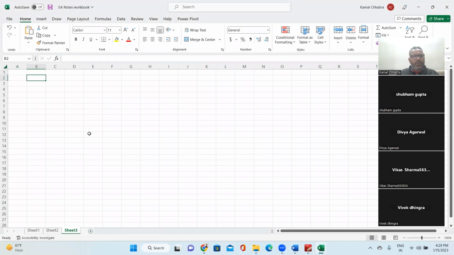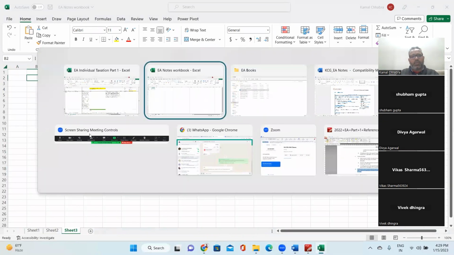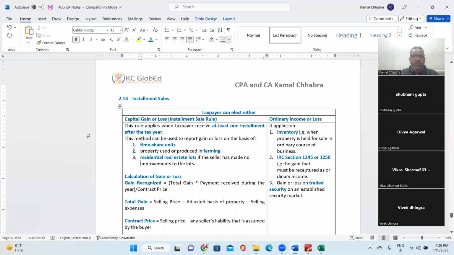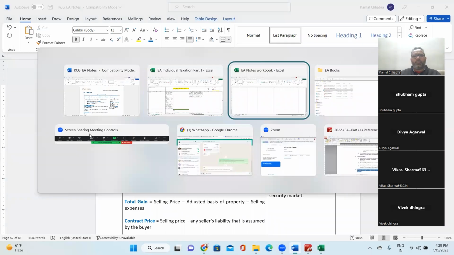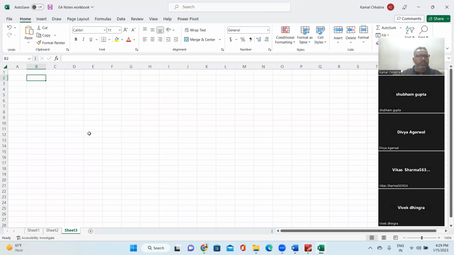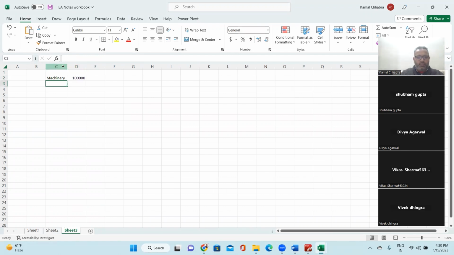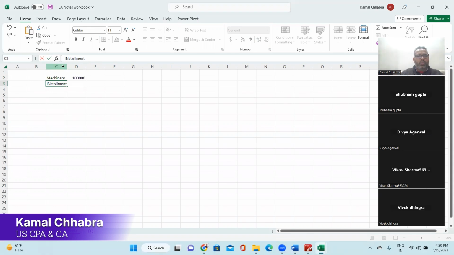here, let's assume you have a property, let's say machinery, that has a value of 100,000, right? Installment, let's say, is $5,000.